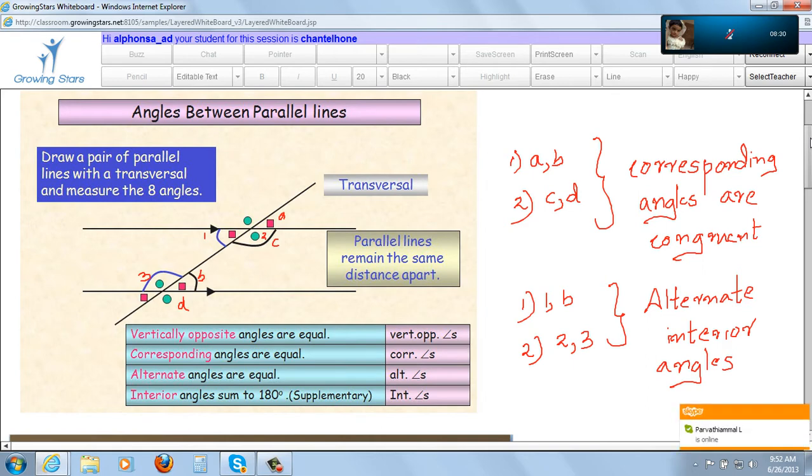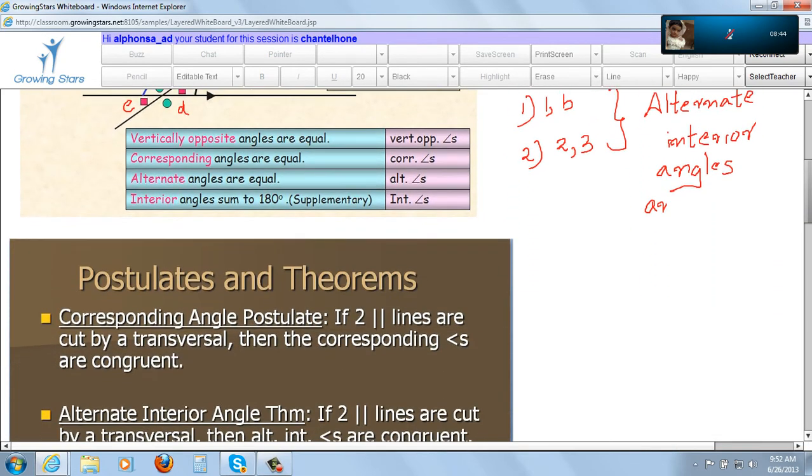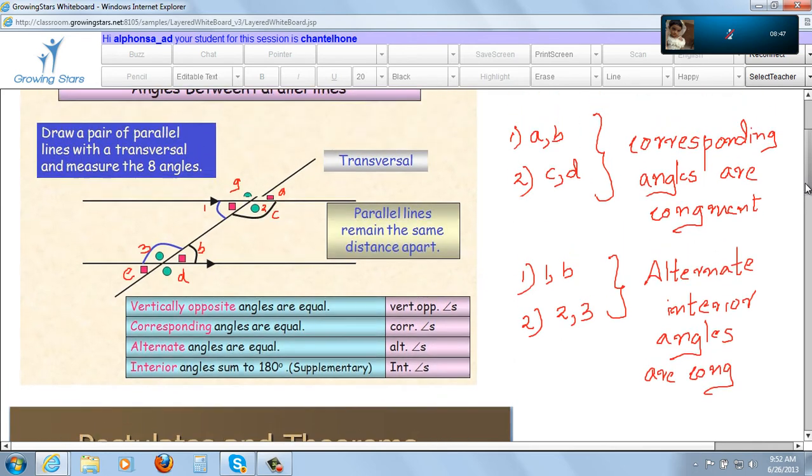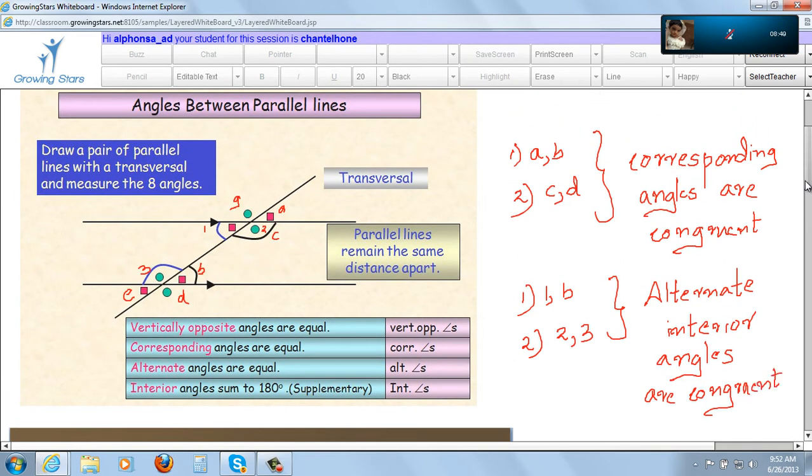Similarly, alternate exterior angles. Can you point out the alternate exterior angles in the figure? Exterior means it will be G and D. Good. The next pair, A and C. Can you point with your pointer?